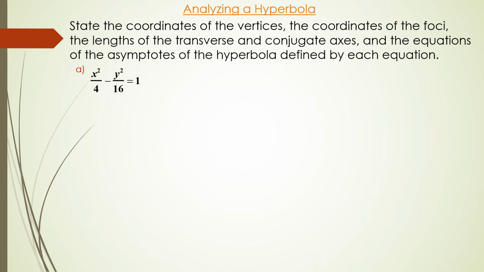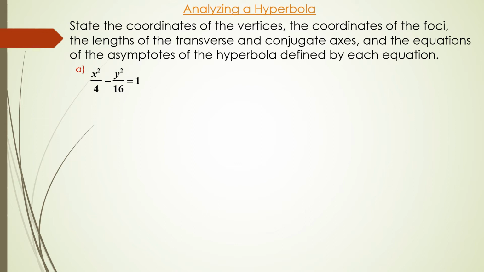So our clue here is, if x comes first compared to the subtraction, if the x part is positive and usually comes first, then the orientation, the picture of our drawing, is opening left and right.